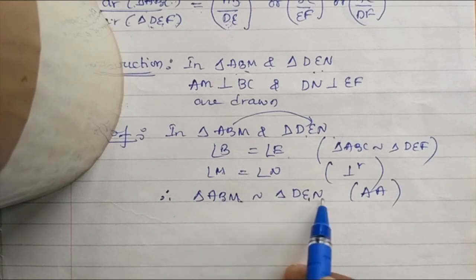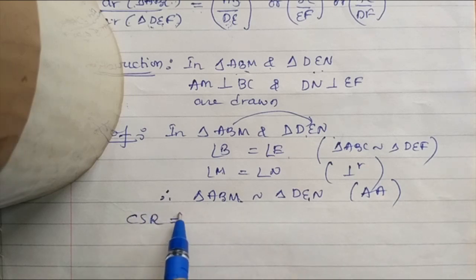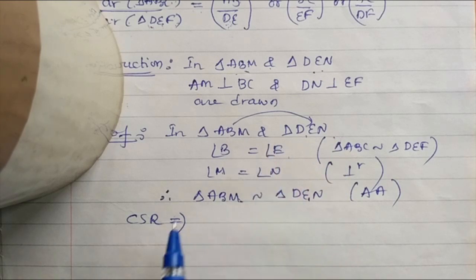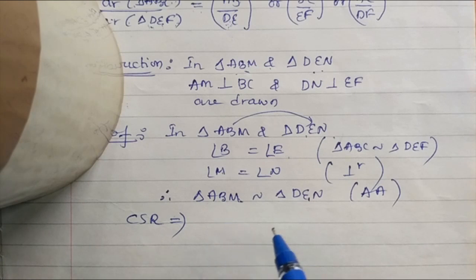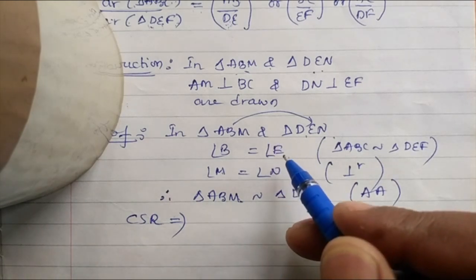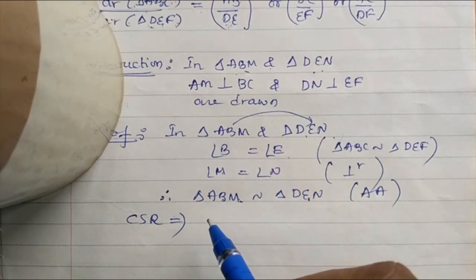Once these two triangles are similar, we can write the ratios of their sides, right? When triangles are similar by corresponding angles, their corresponding sides are in ratio. If you prove two triangles similar by the ratio of corresponding sides, then their angles are equal. It is vice versa. Their angles are equal, sides are in ratio.